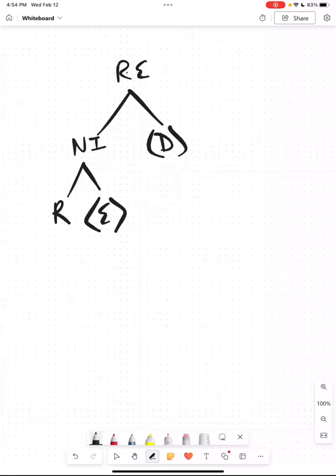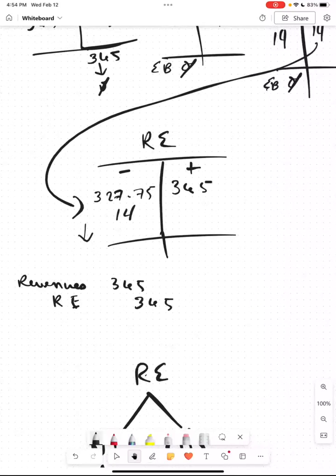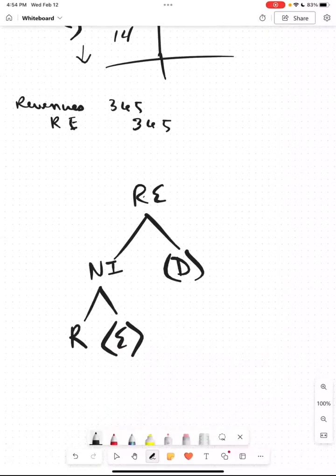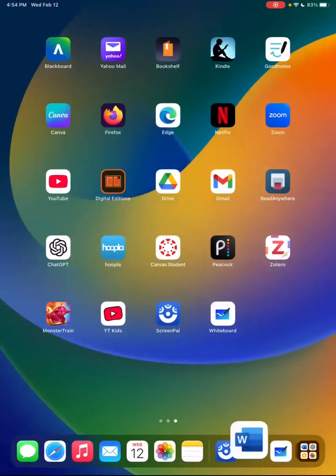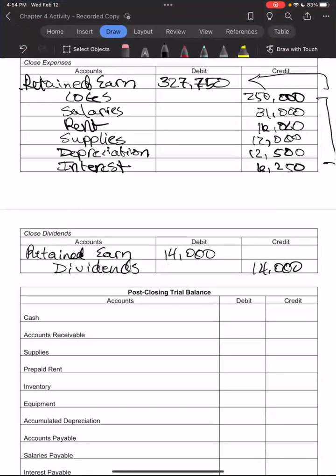That's all we're doing with this. That's all that is, okay? We're literally subtracting expenses from revenues and dividends from net income, and they become your retained earnings. That's all you're doing in a closing entry. It seems really complicated. It's not. You are just calculating your retained earnings, okay?